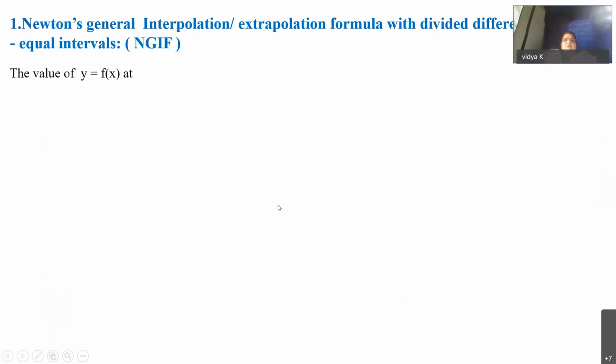Now I use the first formula, that is Newton's general interpolation formula.